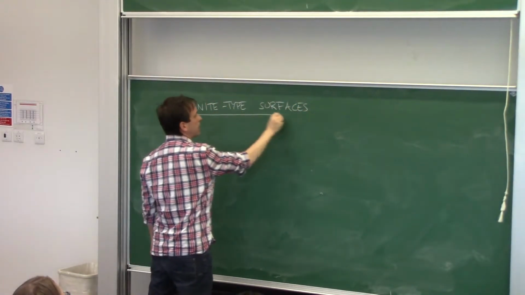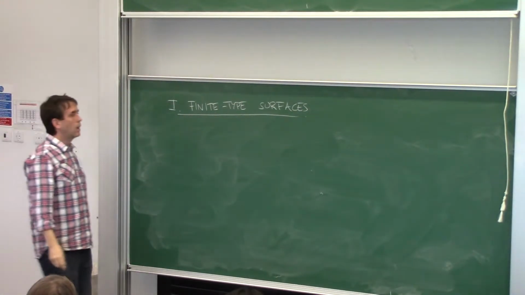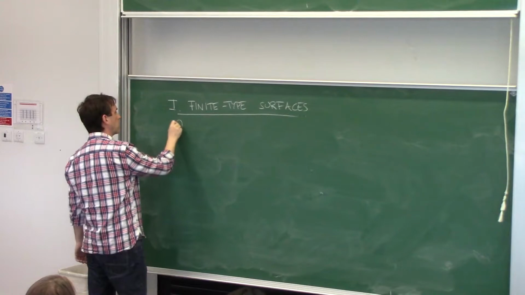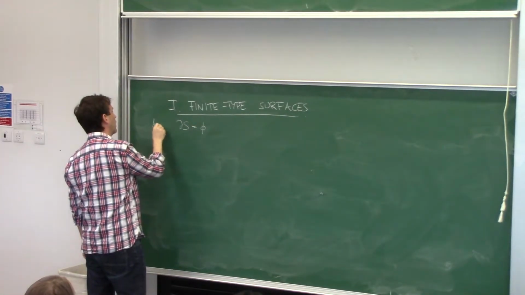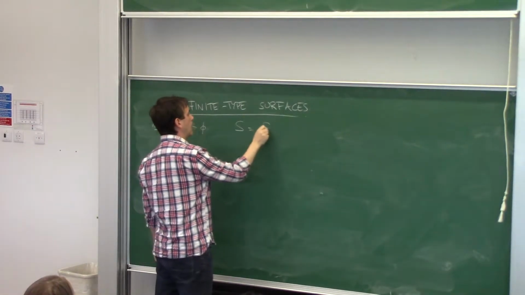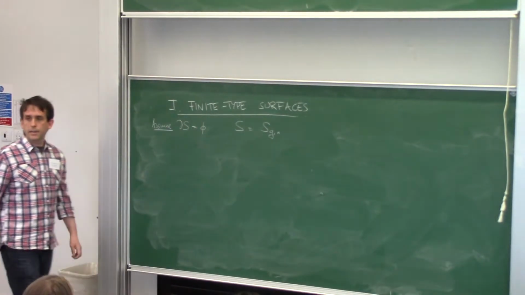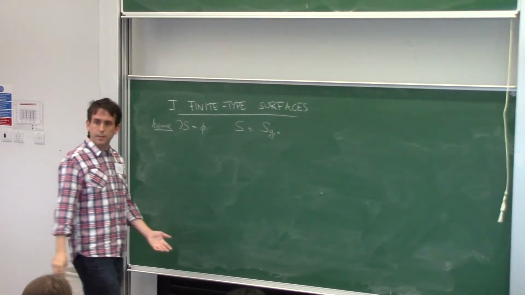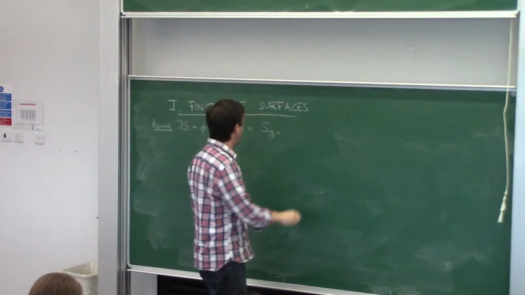Throughout, I'll assume that surfaces are connected and orientable, and I'll also assume that they have no boundary. So I can write S as S_{g,n}, where g is the genus and n is the number of punctures, or marked points, on the surface, and I'll feel free to switch between both.